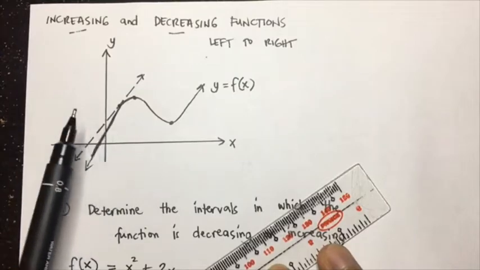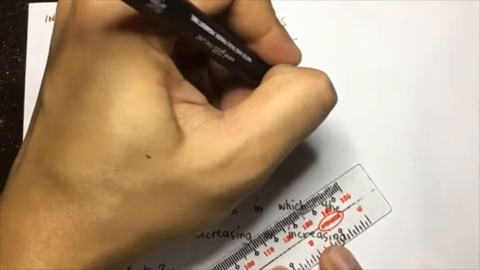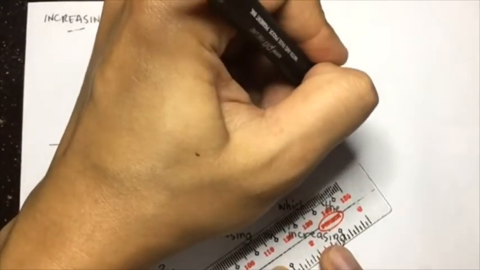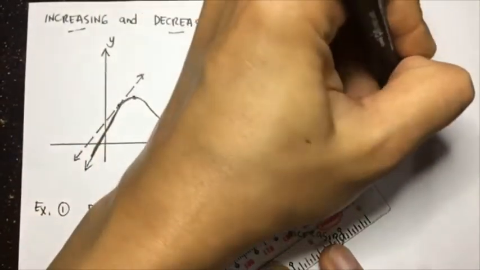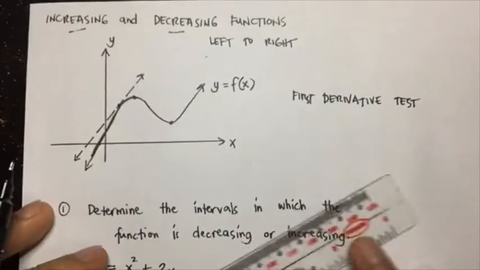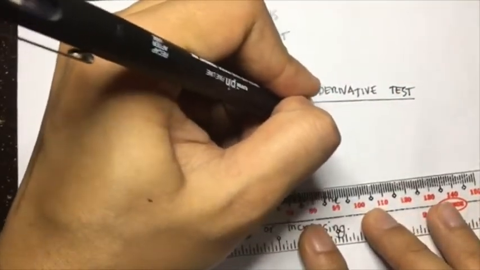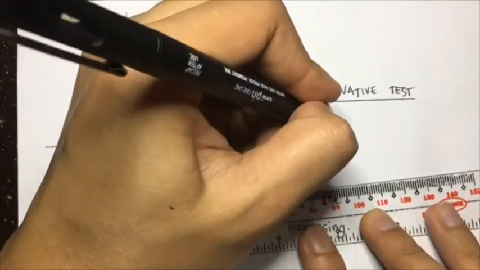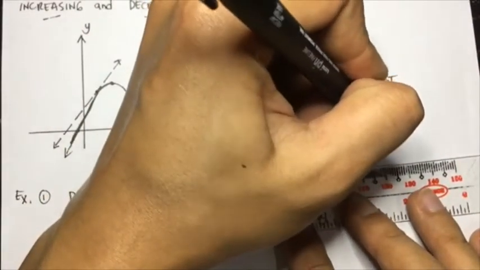So let me write it first. For the first derivative test, if the first derivative is positive, so is greater than 0, therefore the function is increasing.